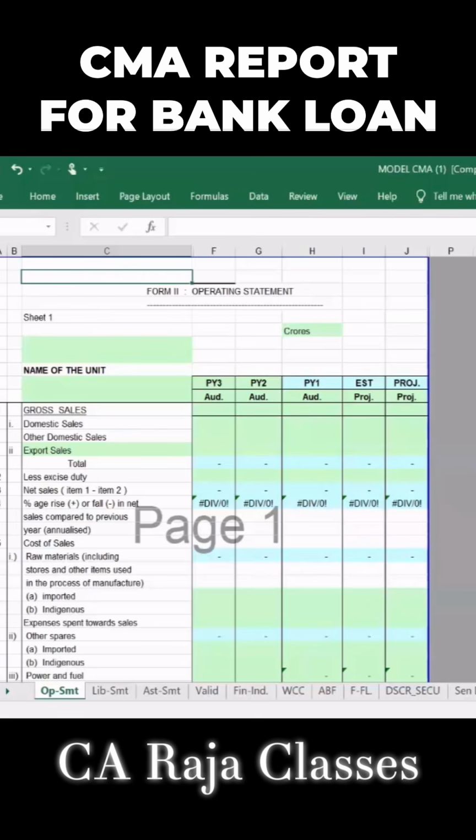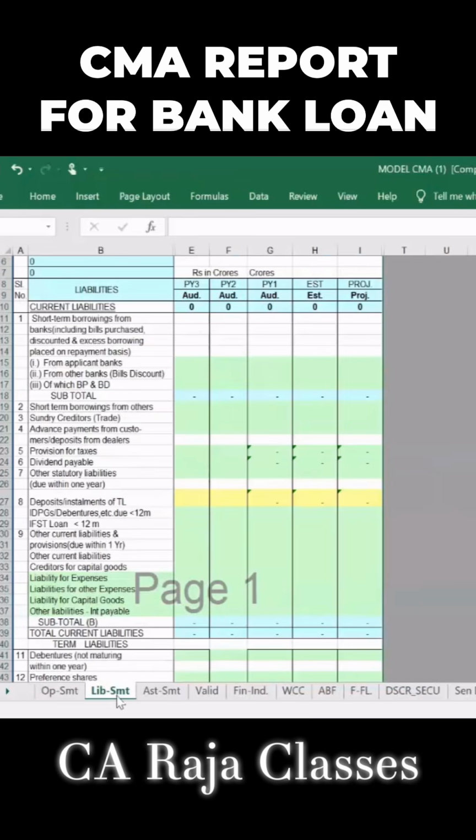Okay, the basic documents that become part of the CMA are: number 1, operating statement. This is nothing but your statement of profit and loss reduced in a slightly different format to make it more understandable for the bankers.